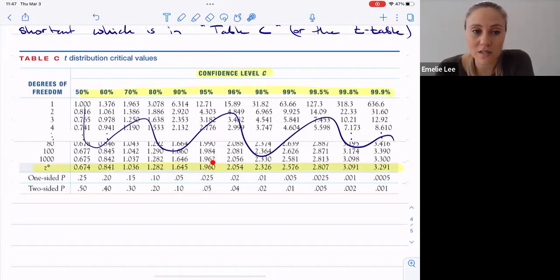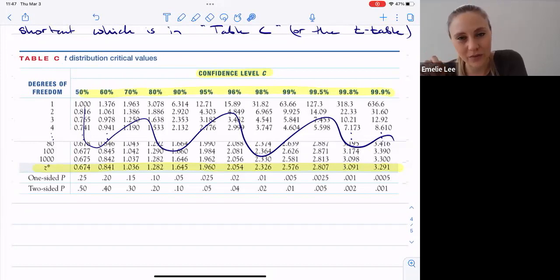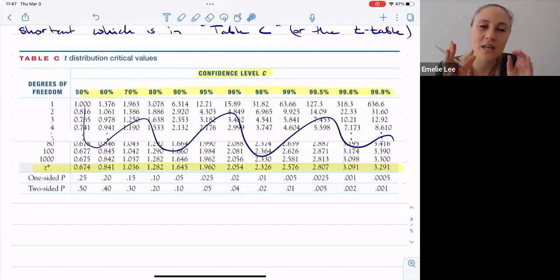So that's really nice, right? We can just go ahead and use this 1.96 without doing the math or the work that we did earlier, drawing out the curve, putting 95% in the middle, figuring out what the tails are. Right here, it's just given to us.